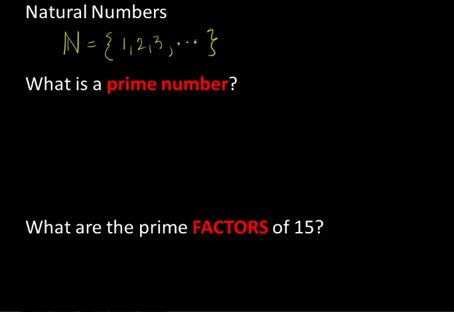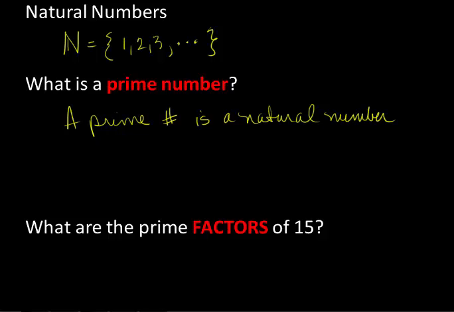What is a prime number? Well, we'll define very carefully a prime number, and you should know all parts of the definition. So a prime number, I'll just use p for number, is a natural number greater than 1. 1 is not a prime number.